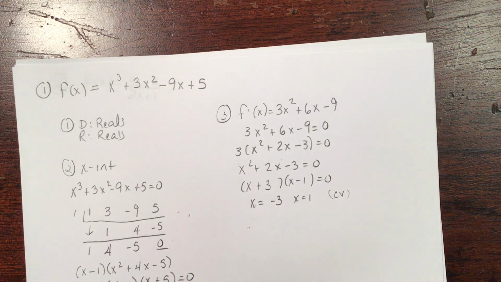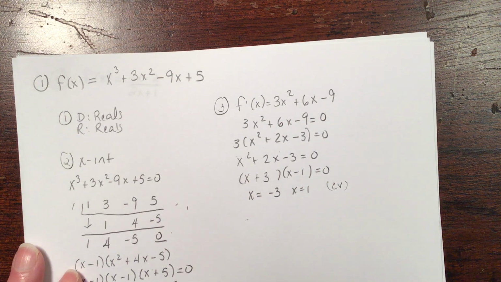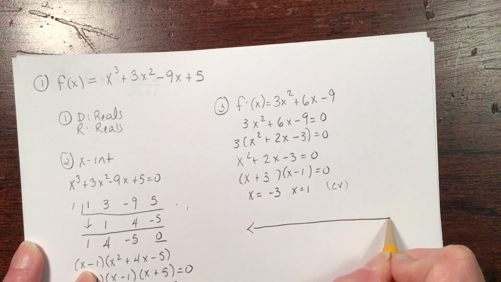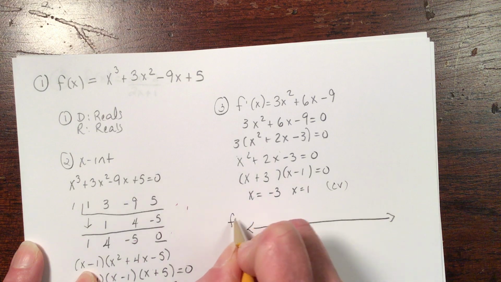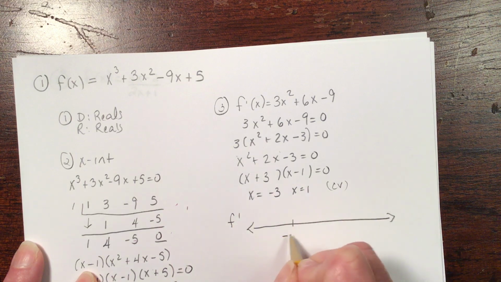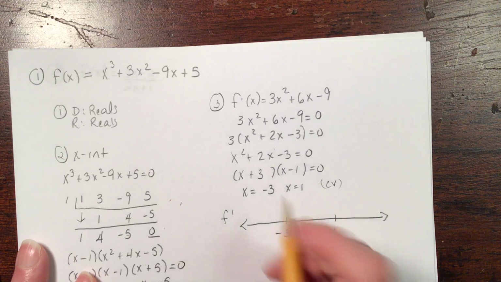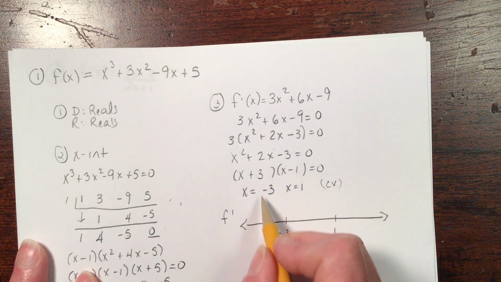And what do we do with these critical values to see where the function is increasing and decreasing? We put them on a number line. This is my f prime number line, -3 and 1. Now I'm going to give you a few seconds to work through your signs on your number line. Okay, so I'm going to let you do this work on your own.